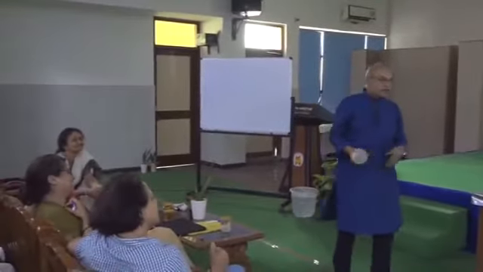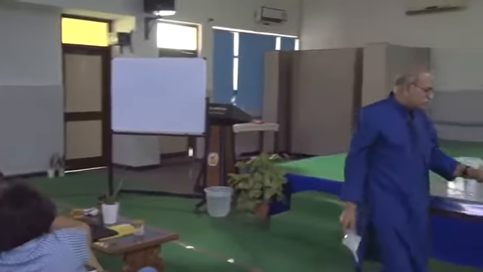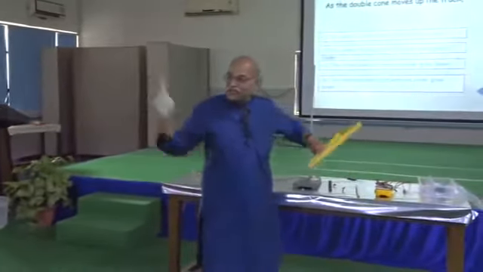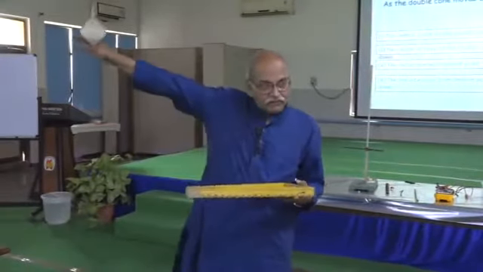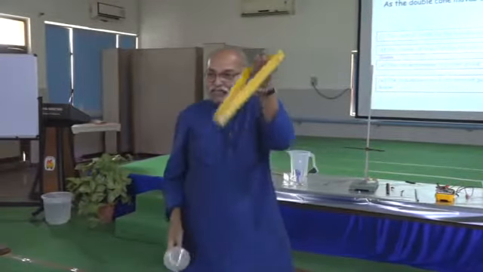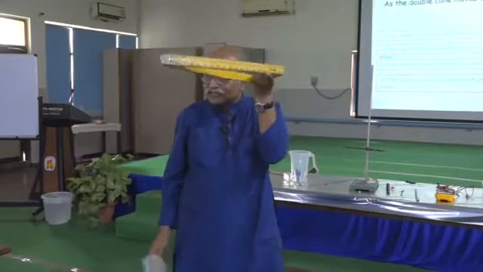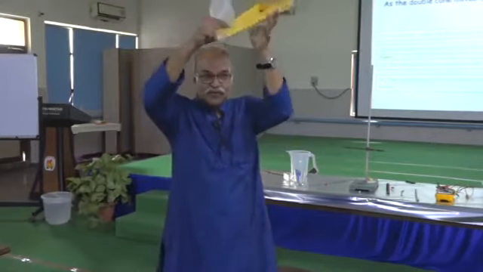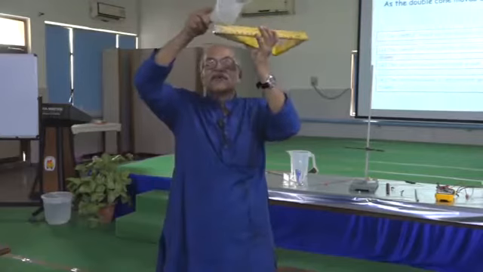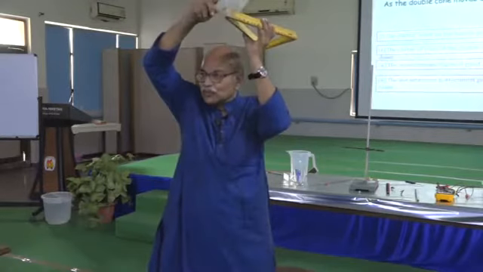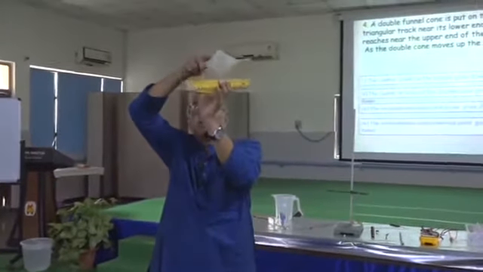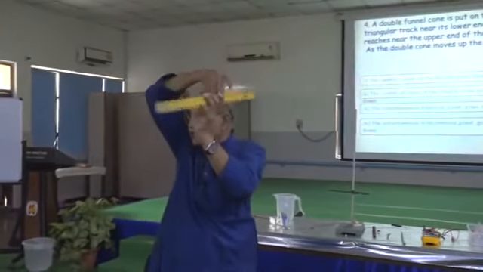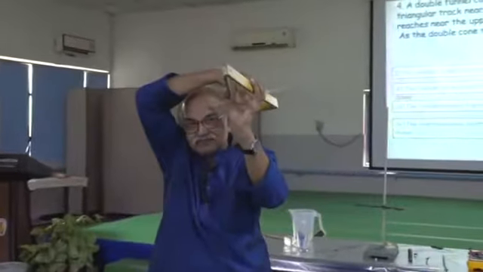Now I am coming to the explanation part. You can always do a more rigorous analysis, but this track is formed in this fashion that here the separation is small, and therefore this double cone has to stay like this. Whereas here the separation is more and this double cone can go inside this hole.